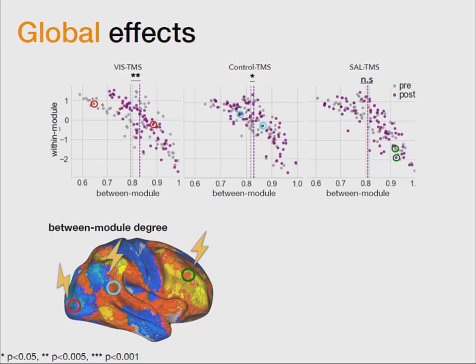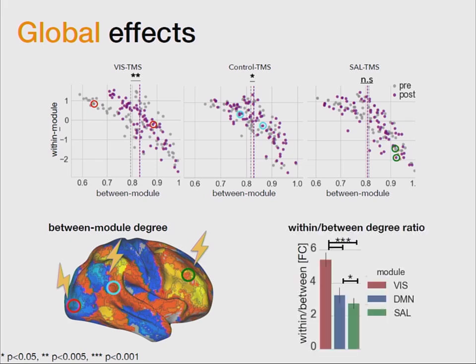The highlighted circles mark the stimulated areas, and this suggests that the stimulation of a sensory area could have an effect similar to the one we observed after visual stimulation. That means that when we stimulate a weakly globally integrated node, it seems to have a spreading effect on the complete global functional integration, while the stimulation of a high cognitive area, similar to the one we stimulate in the salience network, has no effect either at the local or global scale.